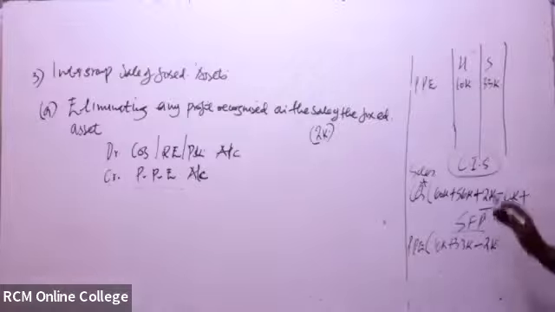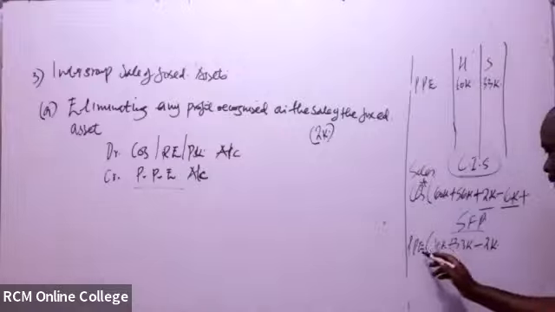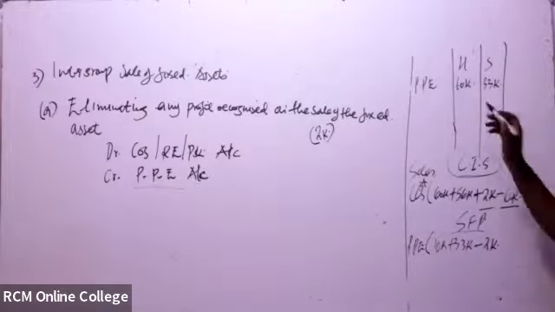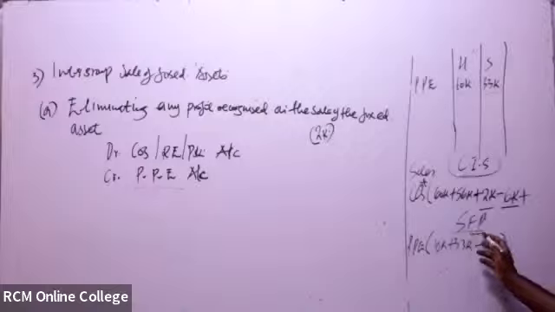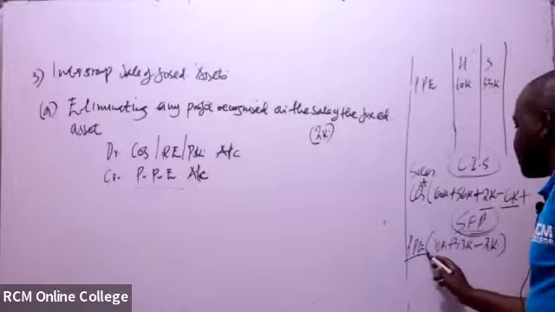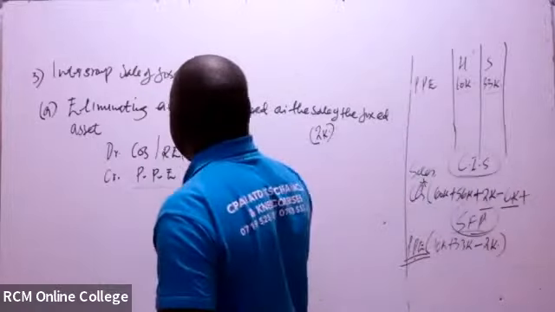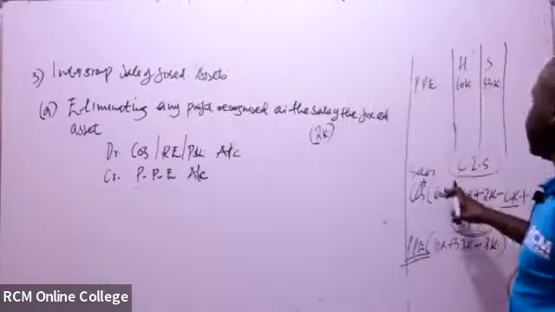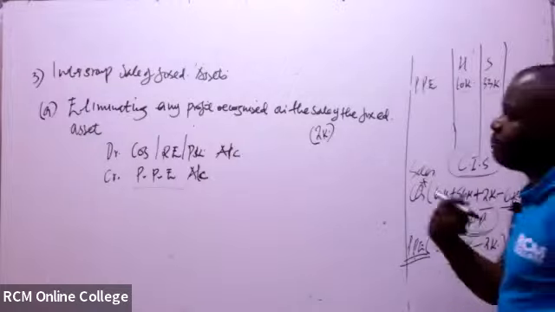We'll comfortably start preparing our SFP. But now, the first item, property, plant and equipment, we add line by line, 10 plus 33. But you have to remember that we deduct. So that in this case, we get the correct figure to go into the SFP as property, plant and equipment. So that's basically in this case how these adjustments will eventually affect the final accounts, which now in this case are the ones we'll likely be preparing.